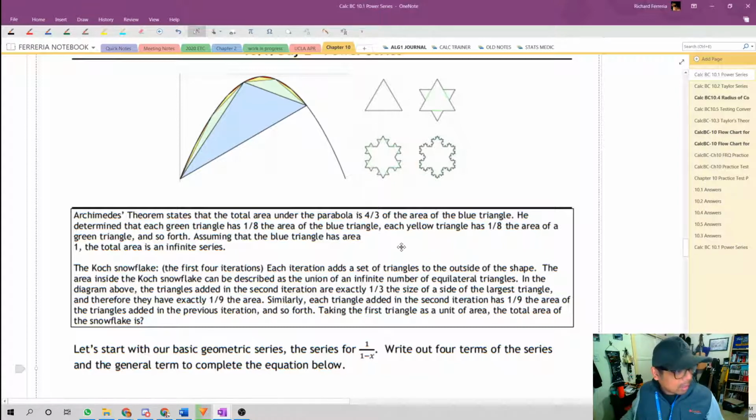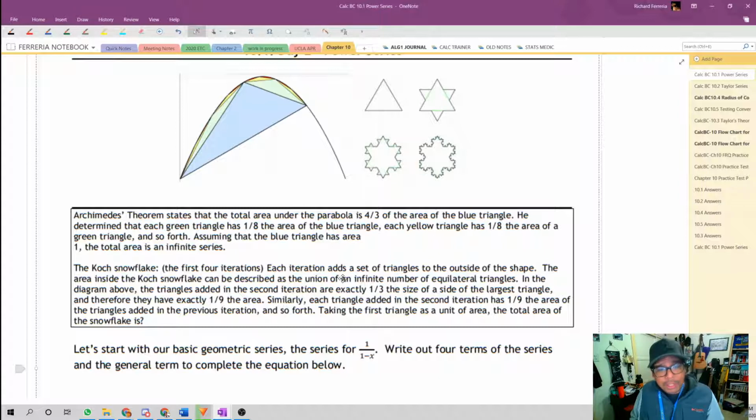And the Koch snowflake, at least the first 4 iterations are shown over here. Each iteration is going to add a set of triangles to the outside of the shape. The area inside the Koch snowflake can be described as a union of an infinite number of equilateral triangles. In the diagram above, triangles added in the second iteration are exactly 1/3 the size of the largest triangle, and therefore have exactly 1/9 of the area.